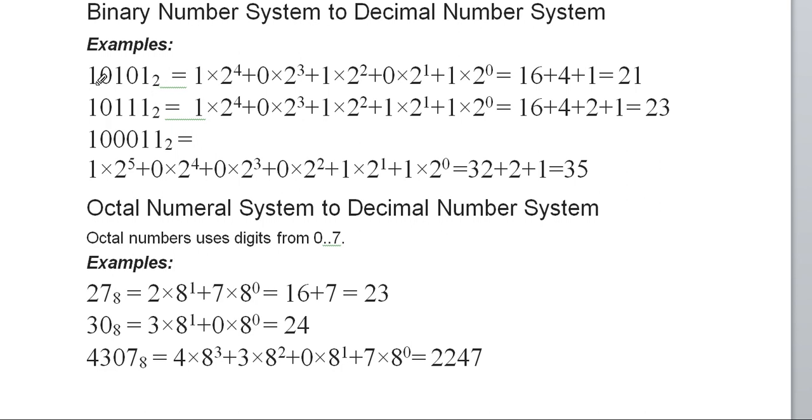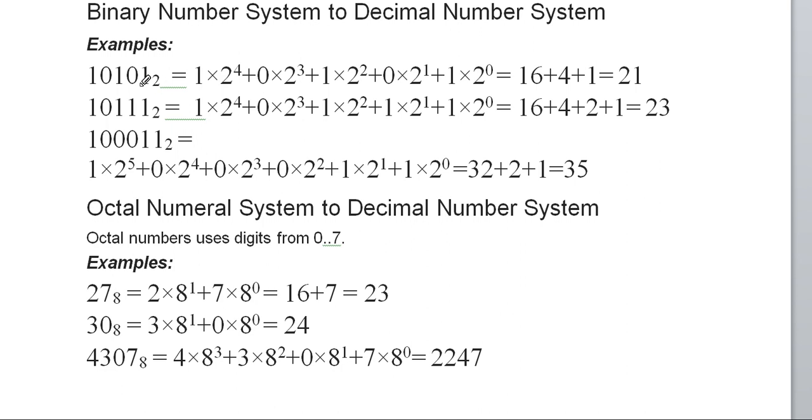How many digits does this number contain? 1, 2, 3, 4 and 5. Subtract 1 from 5, and it will be 4. So in the first place, 1 is multiplied by 2 to the power 4.